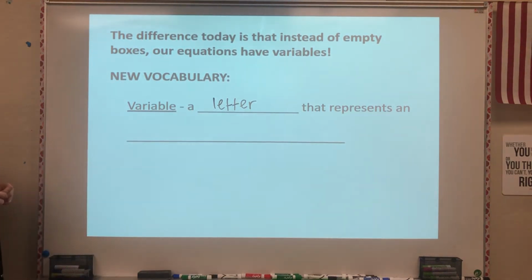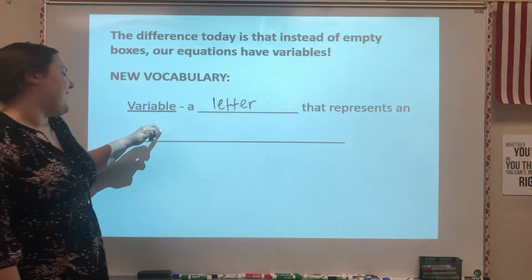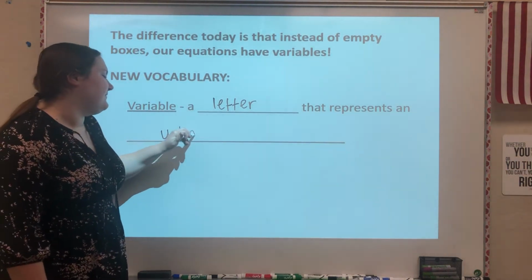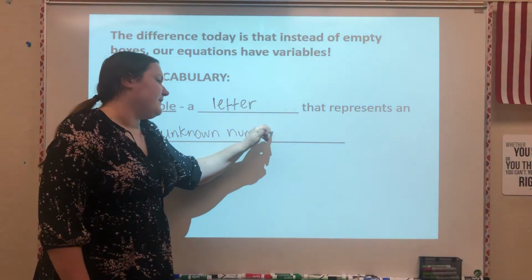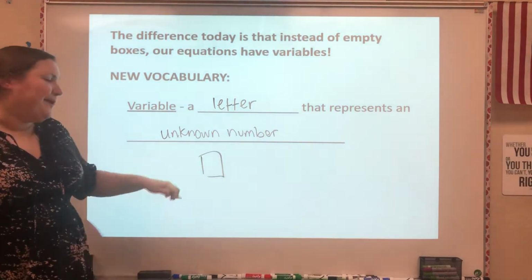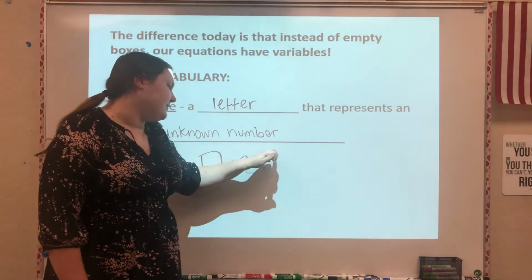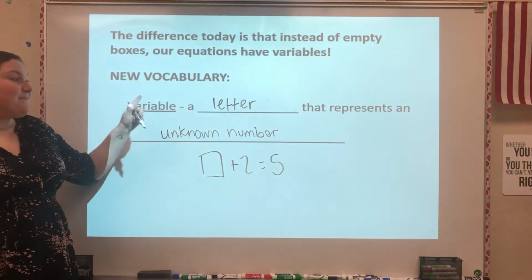So a variable is going to be a letter, and we use that letter to represent an unknown number. So instead of those last problems where I said, what number plus 2 equals 5? Instead of drawing a box there, I could say that same thing by using a variable.